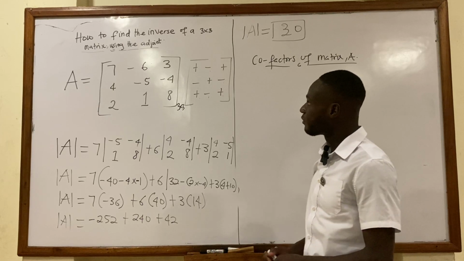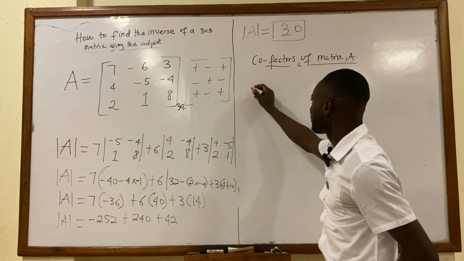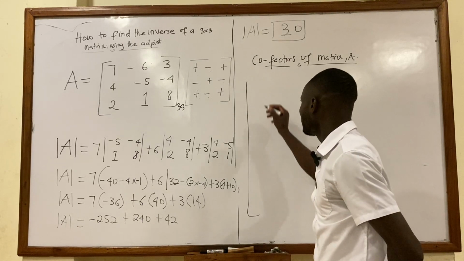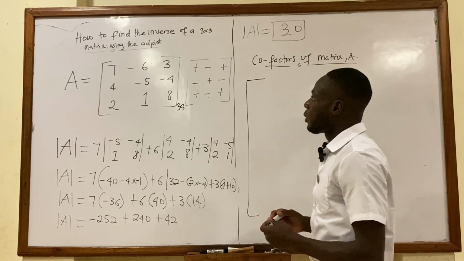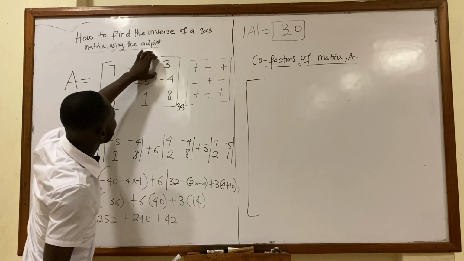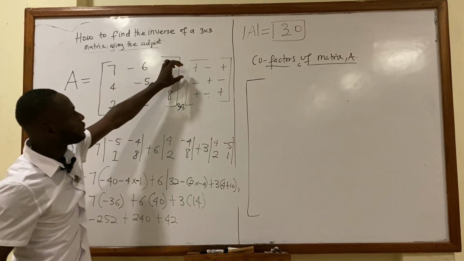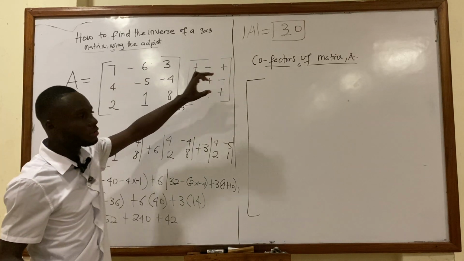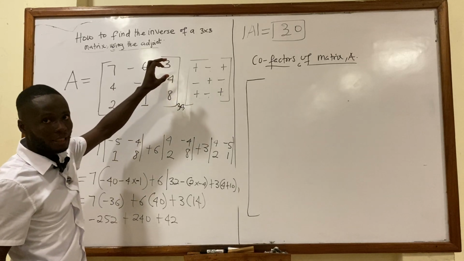All right. So from here, we come to the first row. Since we are picking the first row of the operations, we take the first row of the matrix as well.